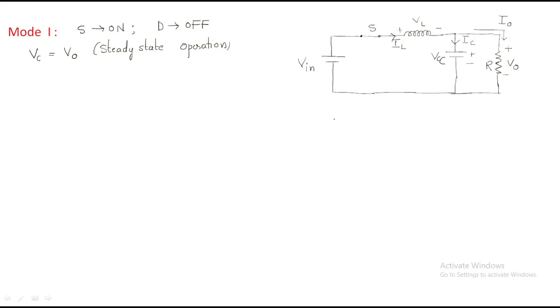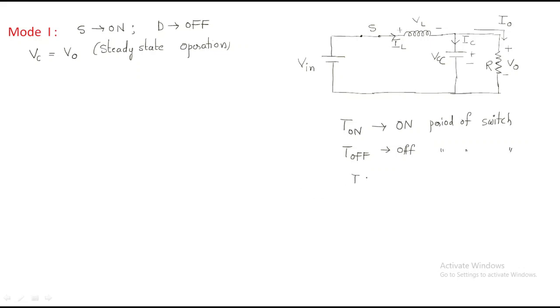So just write this. If the switch is on, we take it as T on, the on period of the switch. And sometimes the switch will be off; we name it the off period of the switch.